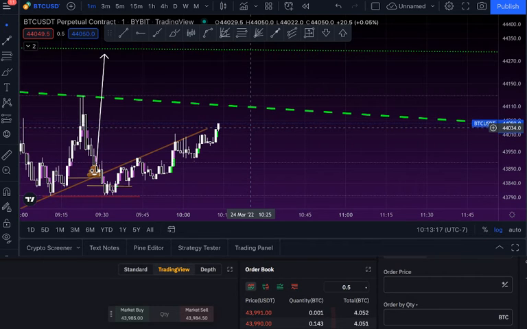And we're starting to see shorts get liquidated. So we don't want to see this turn around fast on us. If that whole last two candles gets retraced, I might think about scaling out of the trade.